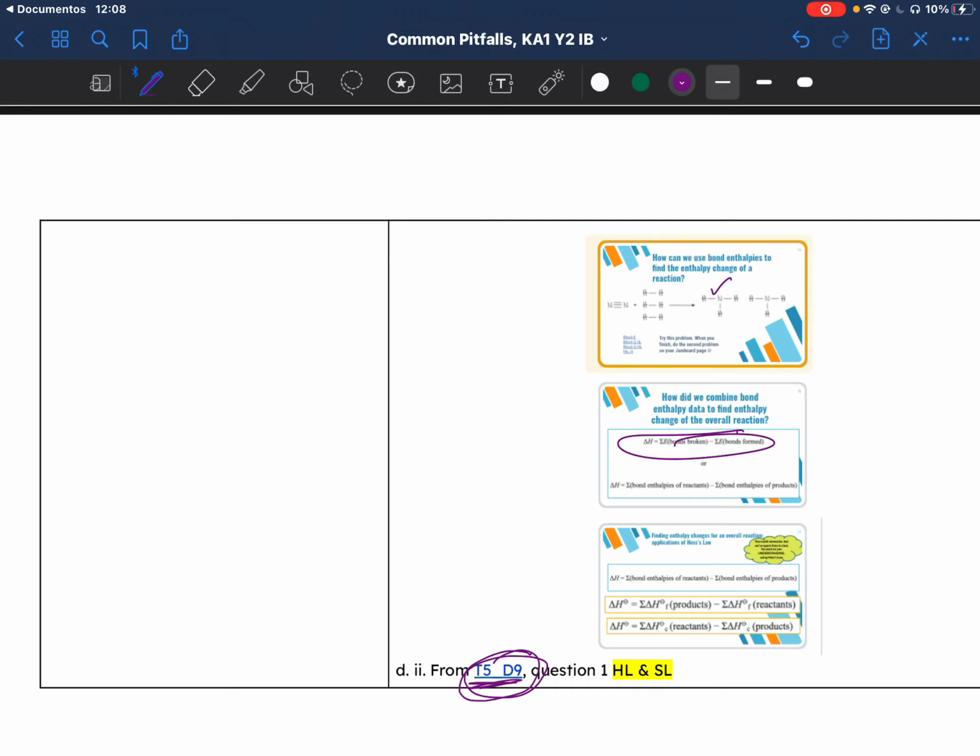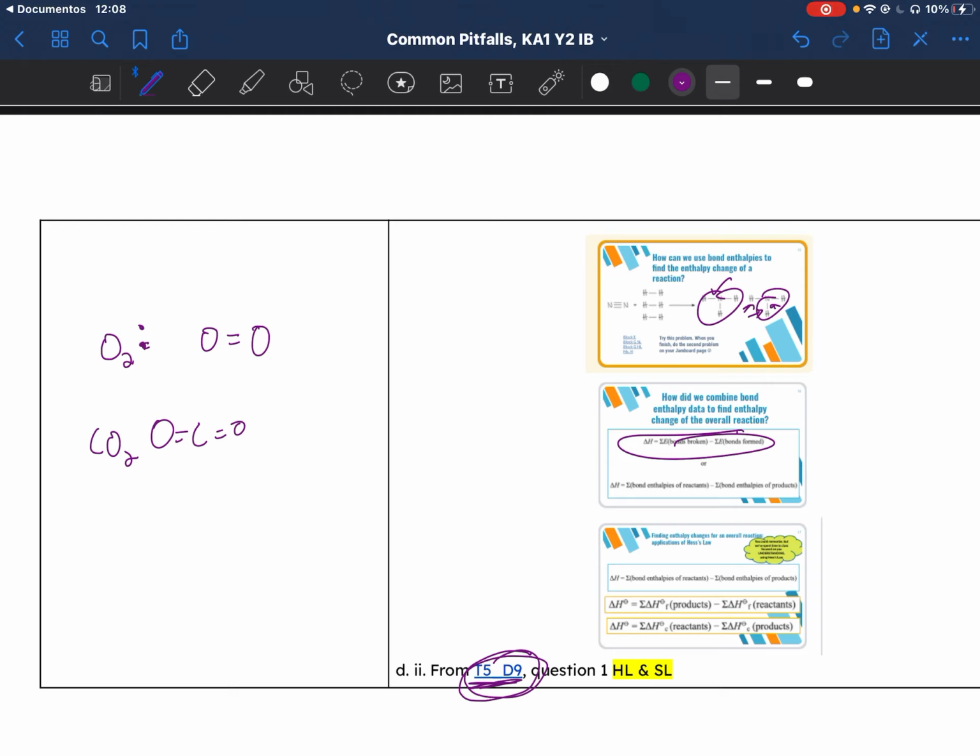That just involved drawing the molecules, counting the bonds, and looking up the correct bond enthalpies. Some people forgot that oxygen has double bonds. We saw that in our bonding unit. Some people also forgot that carbon dioxide has double bonds.